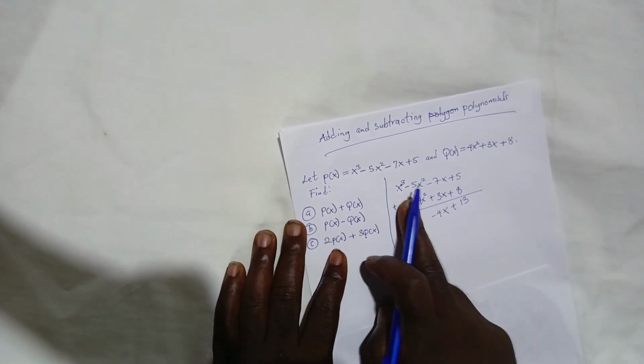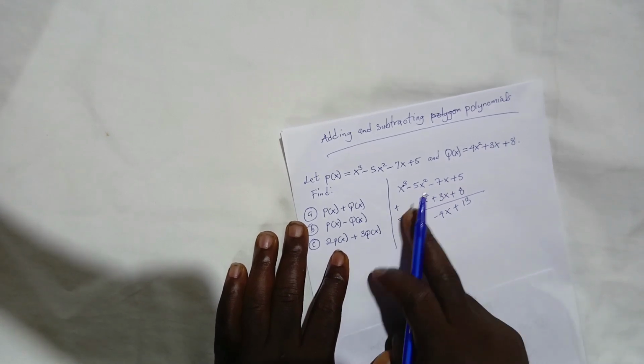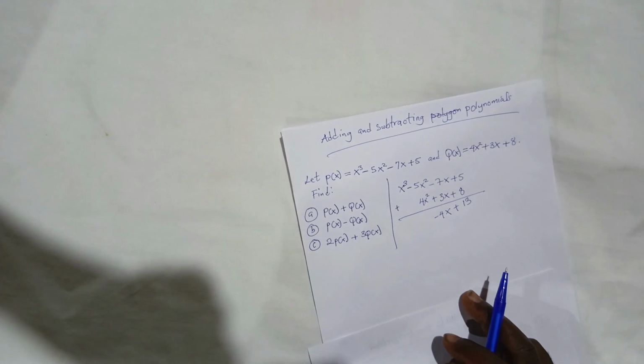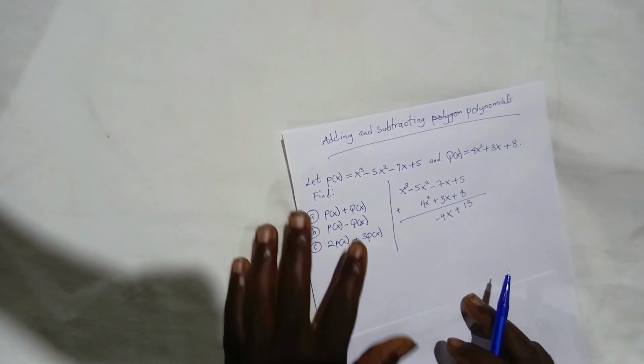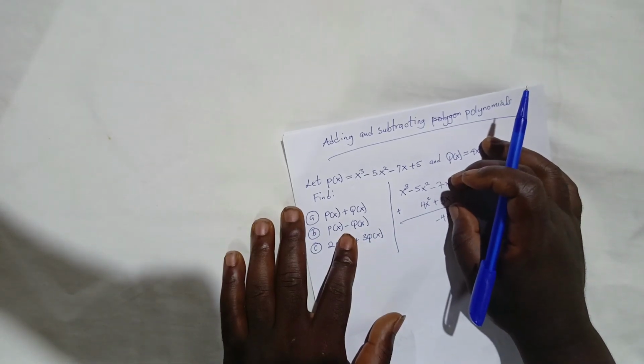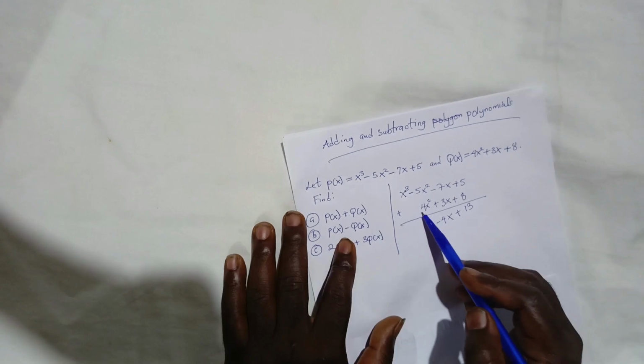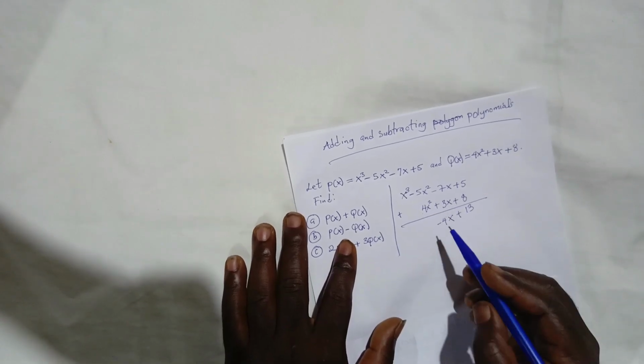So we have minus 4x. Now we come here, we also have the same. No sign is attached, but understand this is a plus. So we have plus 4 minus 5. We're going to use the same rule by saying subtract and the greater number carries the sign. 5 minus 4 will give us 1.